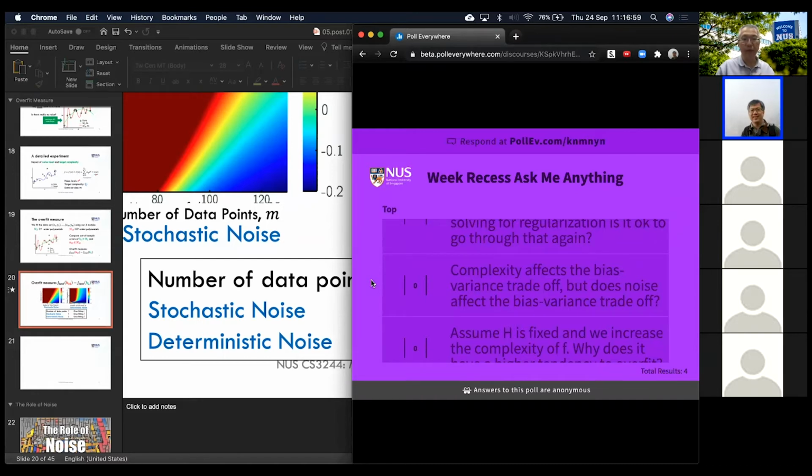It will increase the variance, obviously, because you have more noise, so your data point sample will be moving around more. It won't affect the bias, because the bias is a function of the hypothesis space you choose. It will affect the variance a little bit, and by virtue of affecting the variance, it does in some ways affect the bias variance trade-off, because you can think of it this way.